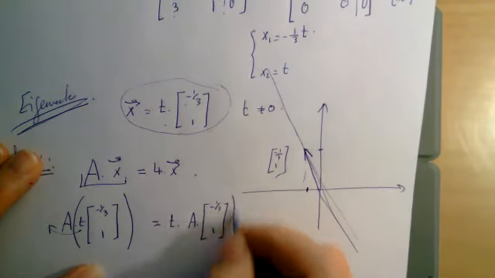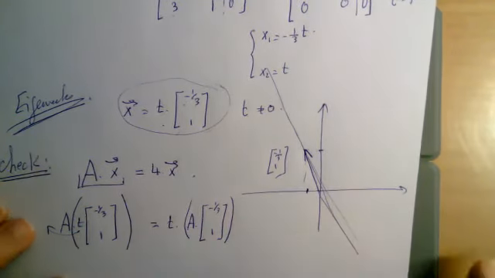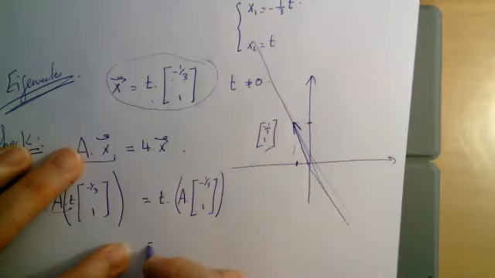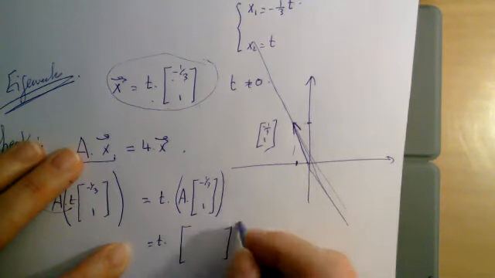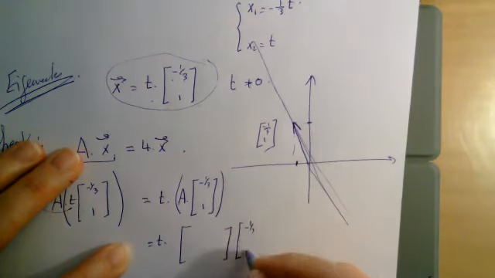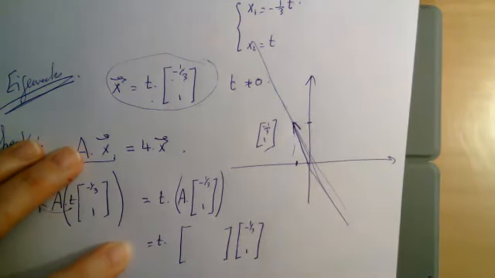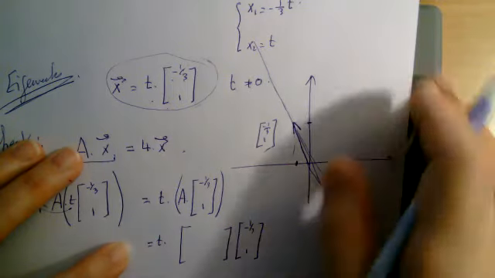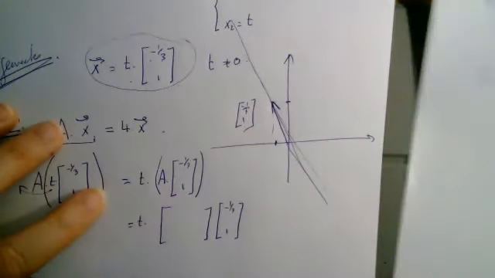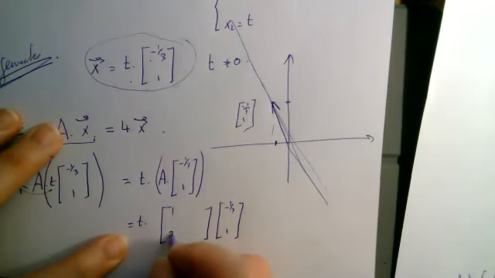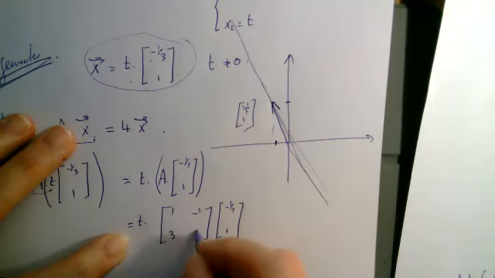That's linearity at work. This is equal to t times my matrix A, multiplied by my vector (minus 1/3, 1). I'm just checking that my work is correct. Now my matrix A, I have to pick it up, was 1, 3, minus 1, and 5.